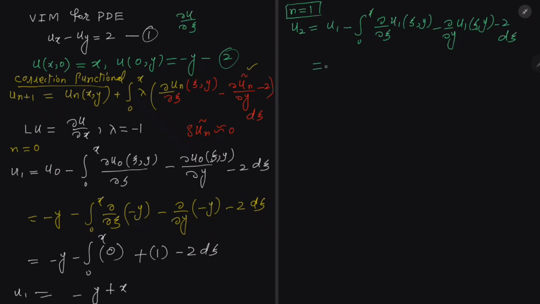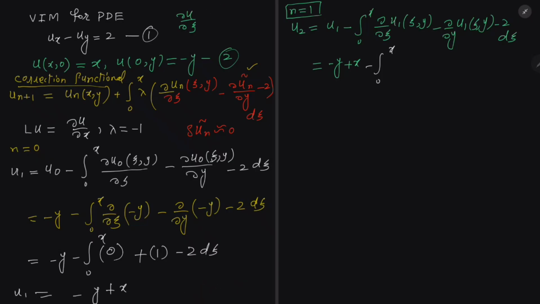So then, after putting the values from the previous iteration, we get minus y plus x minus the integral from 0 to x. What we do is replace this x with xi, this with xi, this with xi, minus y plus xi, then take the derivative with respect to xi.